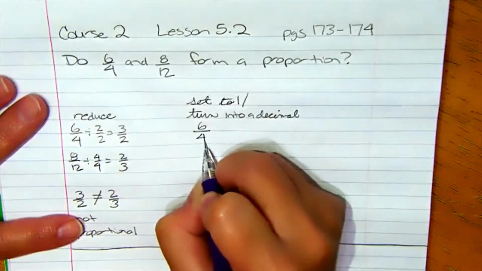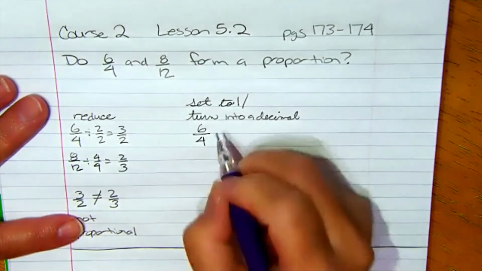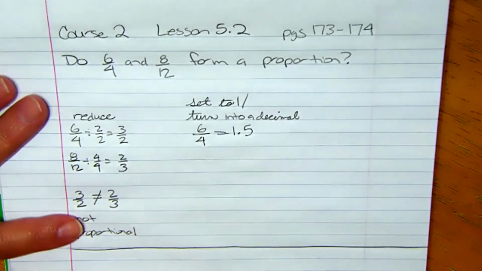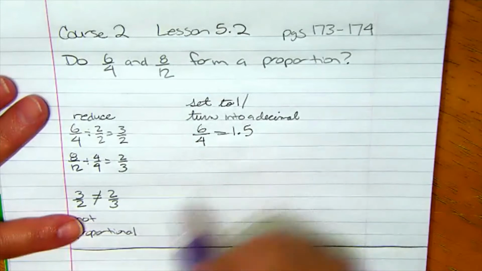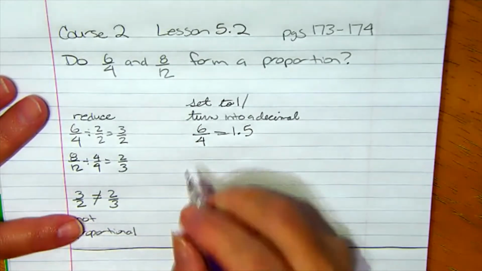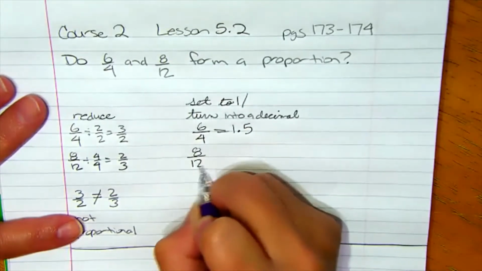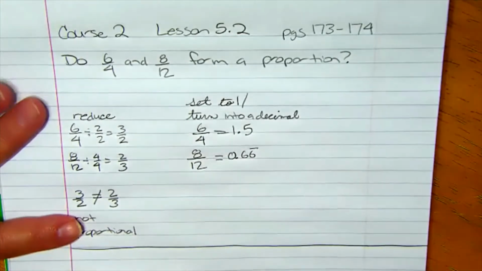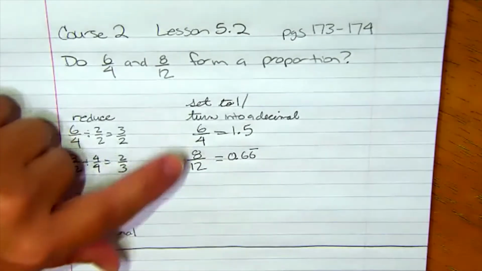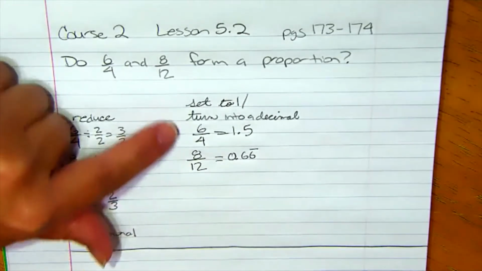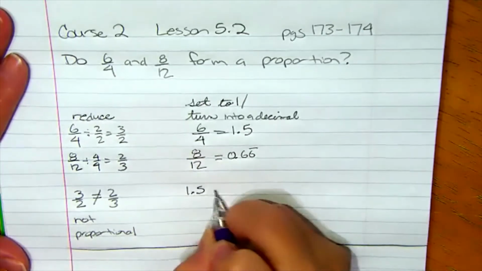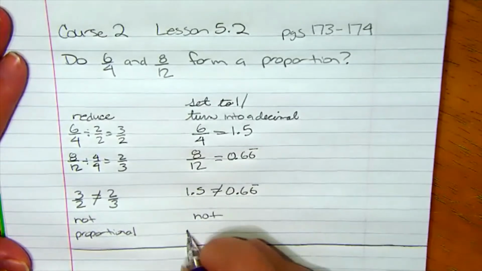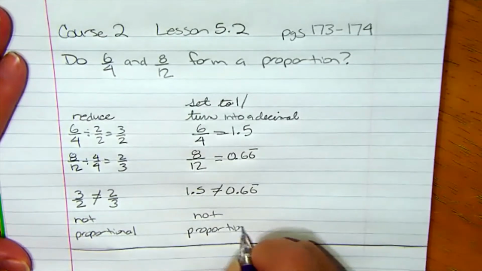Well, 6 divided by 4 is equal to 1.5. 8 divided by 12 is equal to 0.66. So we're setting these to 1 or turning them into decimals. It's the same thing. 1.5 is not equal to 0.66. So not proportional.